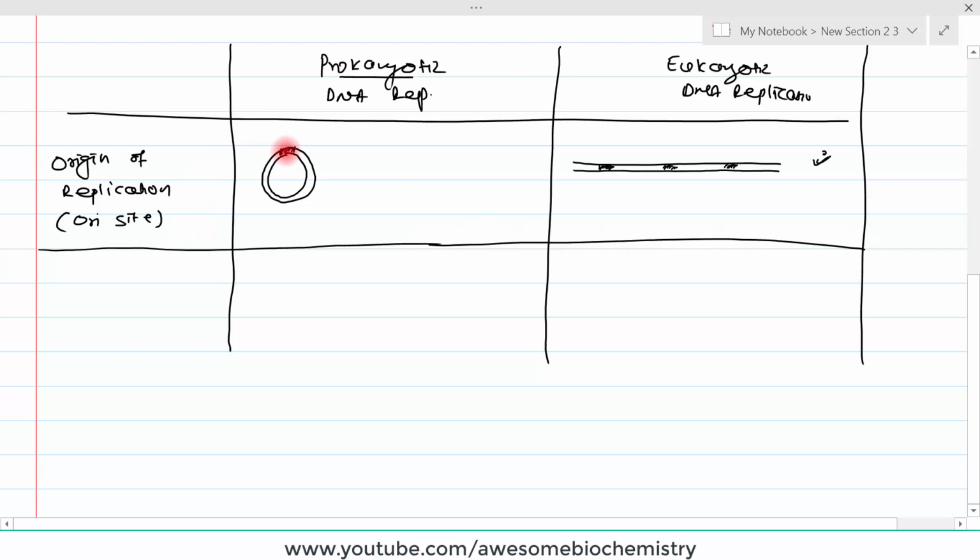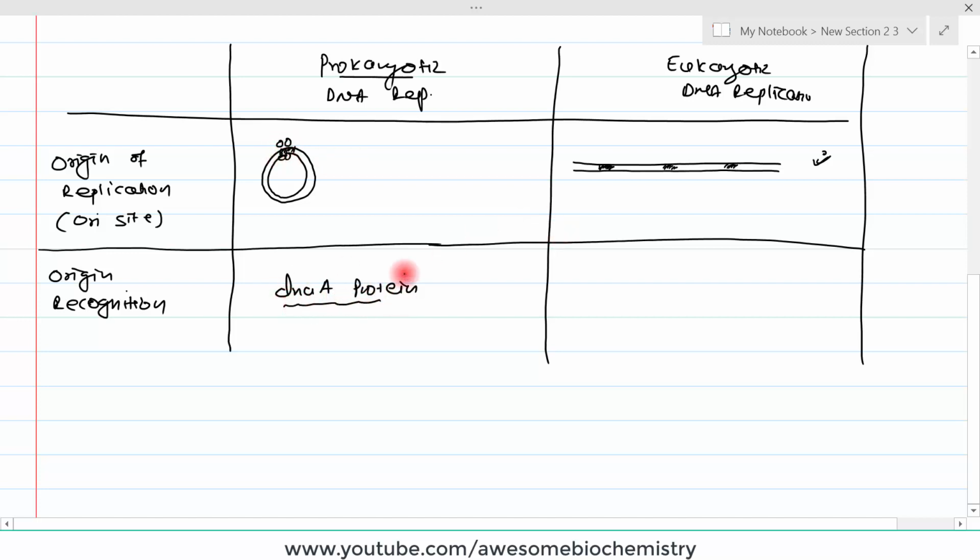The second is that this site needs to be identified by certain proteins. So how does origin recognition, or ori site recognition, occur? We had seen in prokaryotic DNA replication that there are DnaA proteins which identify this ori site, so they bind to this ori site.